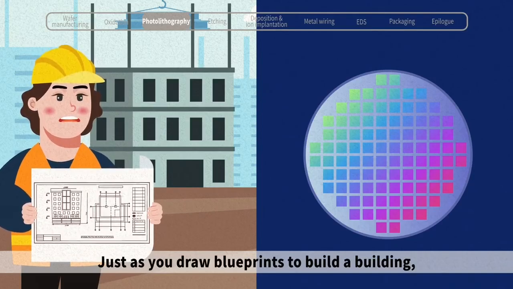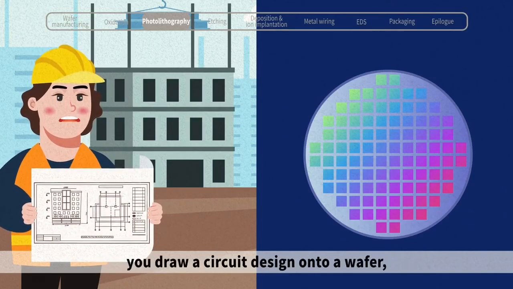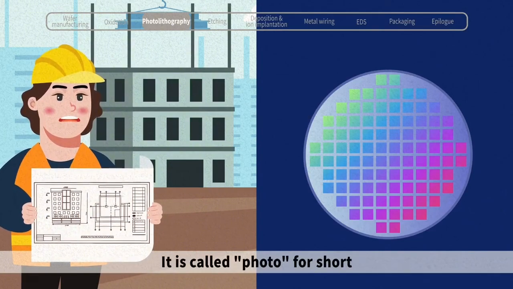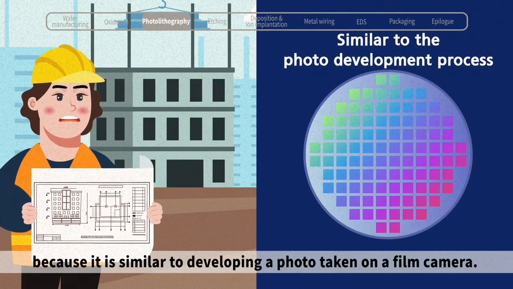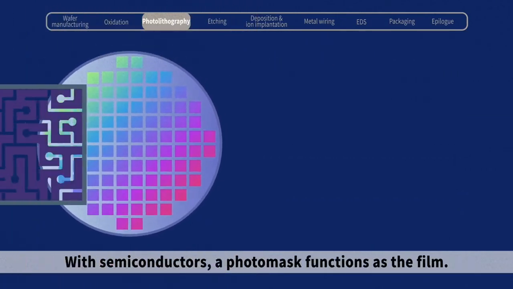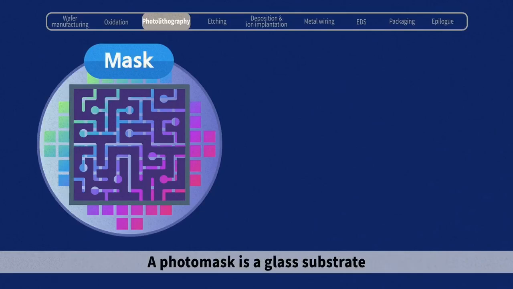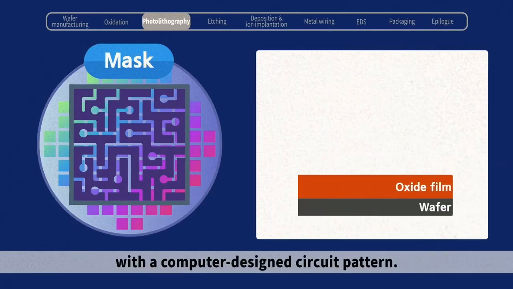Just as you draw blueprints to build a building, you draw a circuit design onto a wafer, which is called the photolithography process. It is called photo for short because it is similar to developing a photo taken on a film camera. With semiconductors, a photomask functions as the film. A photomask is a glass substrate with a computer-designed circuit pattern.